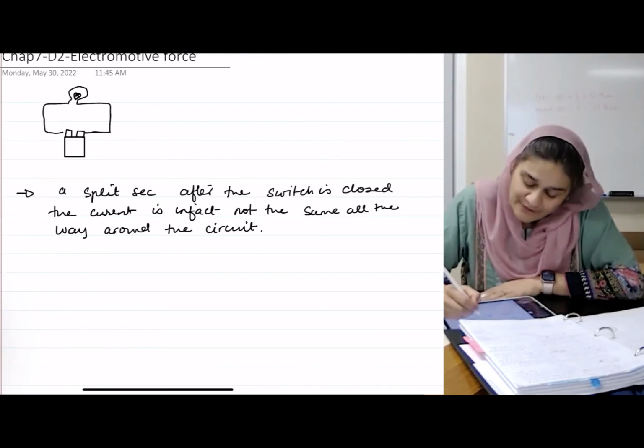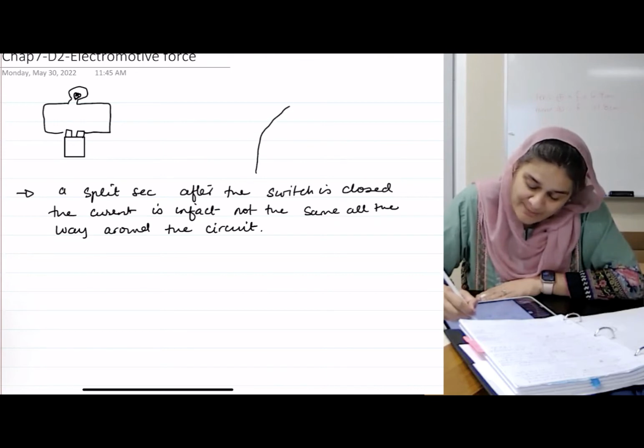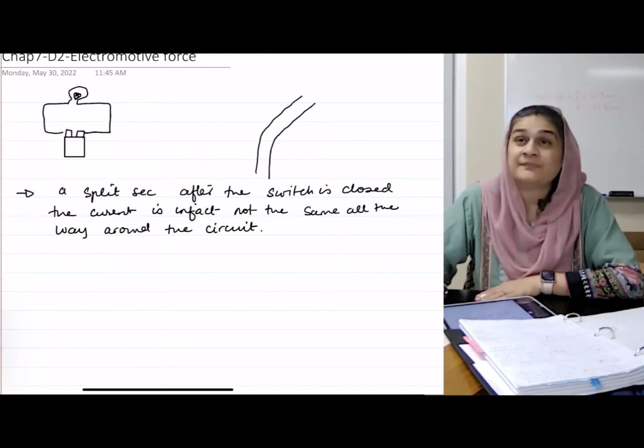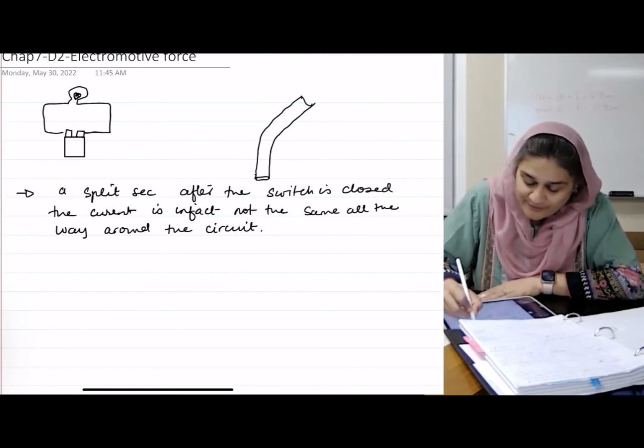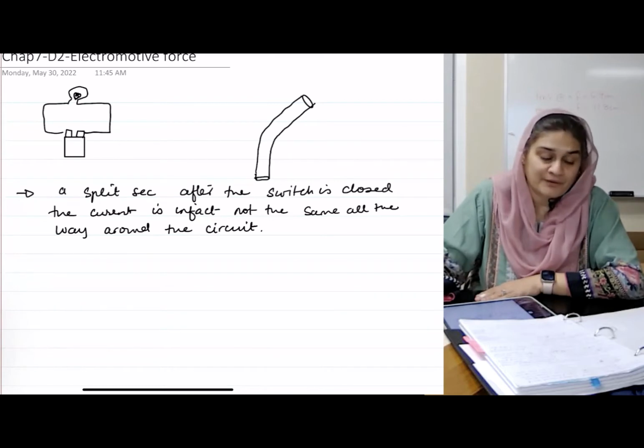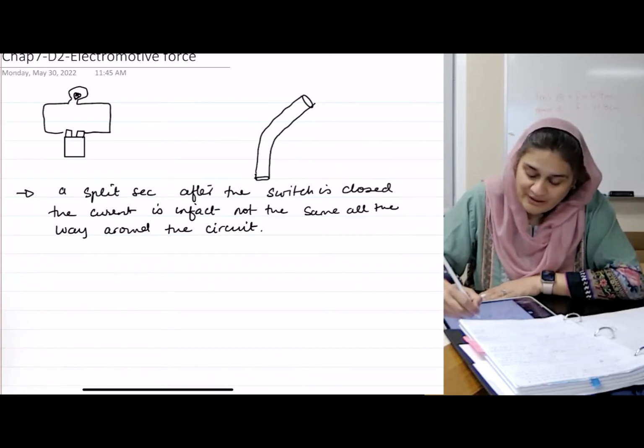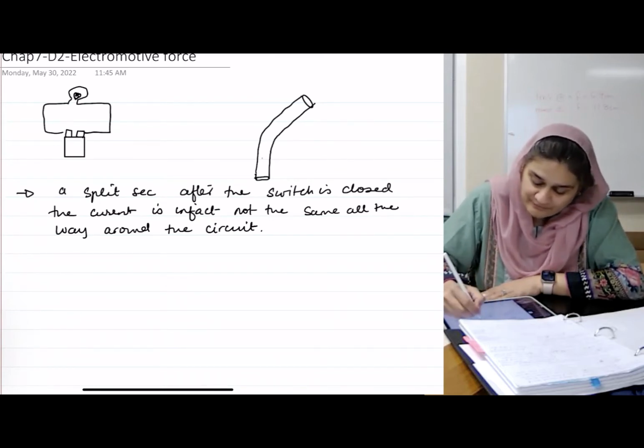And he then asks, what happens if there is a little kink in the wire in which the current is flowing? So there will be I in and I out.